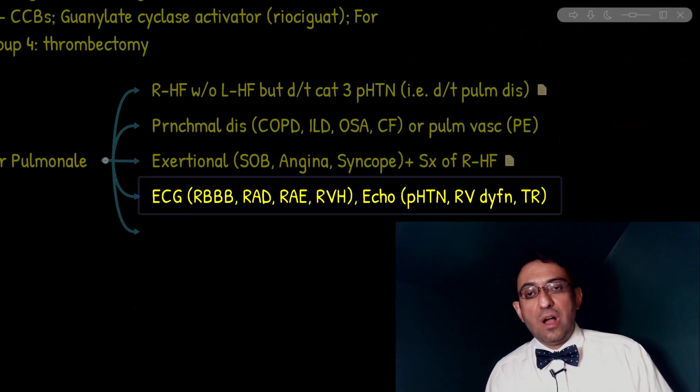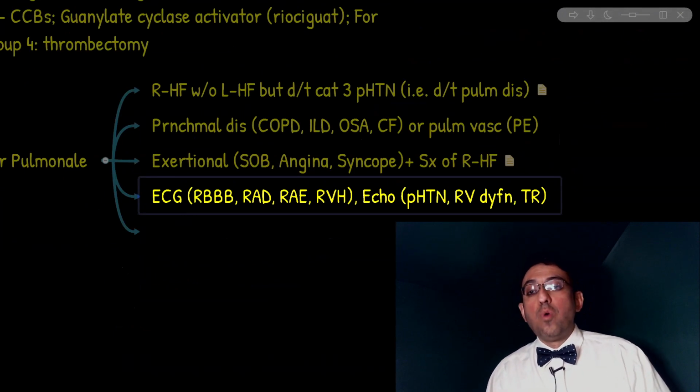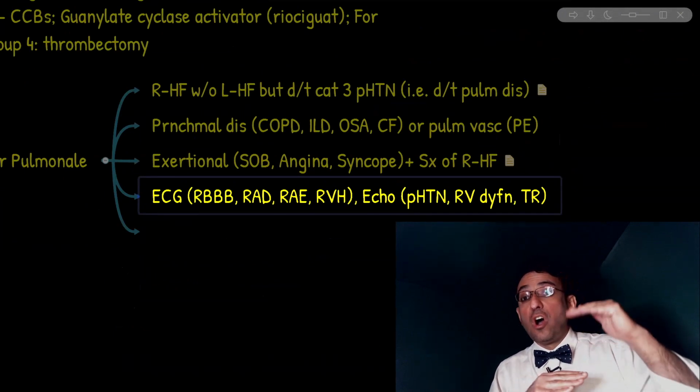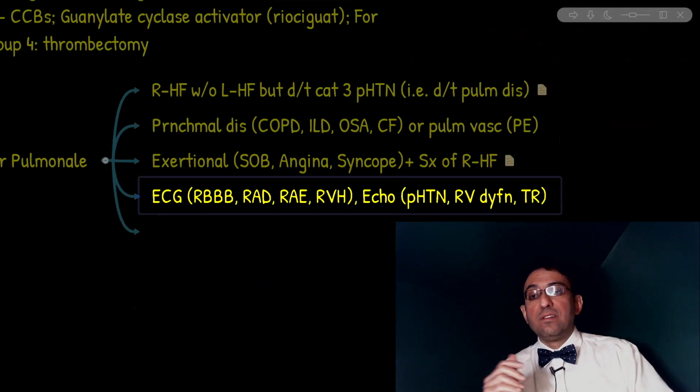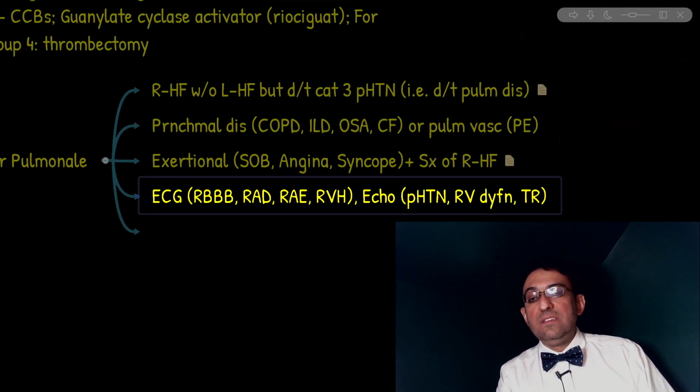Remember, P mitrale, or indication of left atrial enlargement, was a P wave in lead 2 that's wider, not taller, but wider than 2.5 small squares or millimeters. Of course, the second criteria was presence of a significant negative deflection on the P wave in V1.